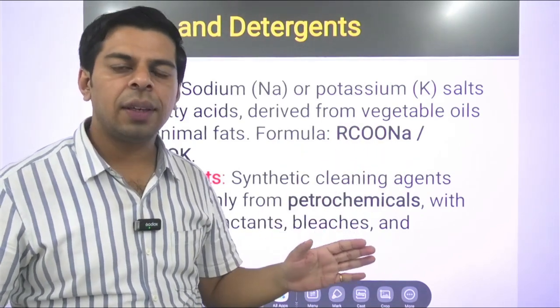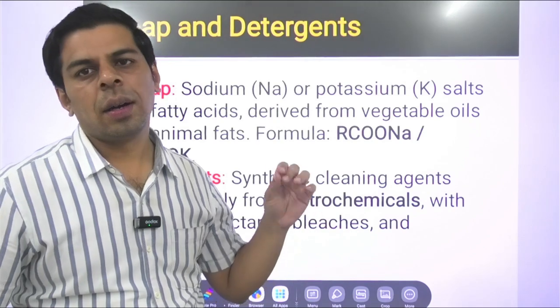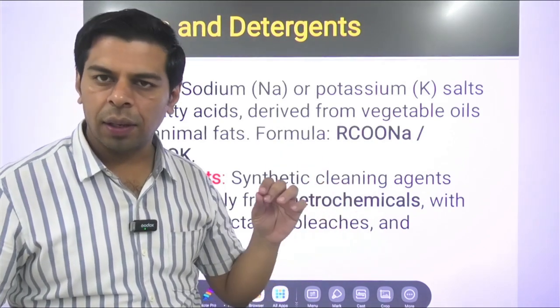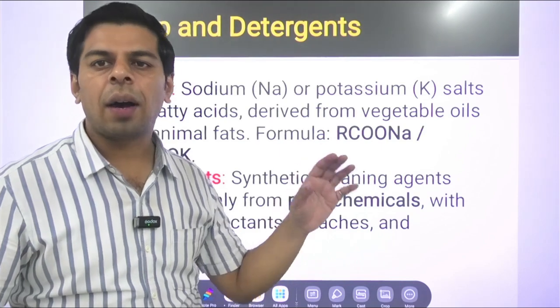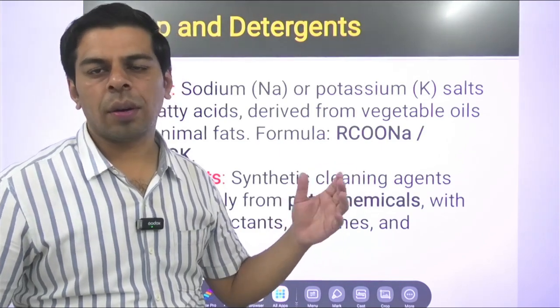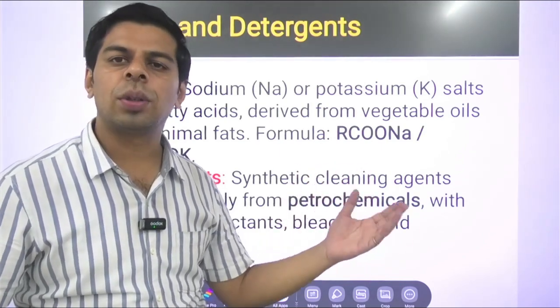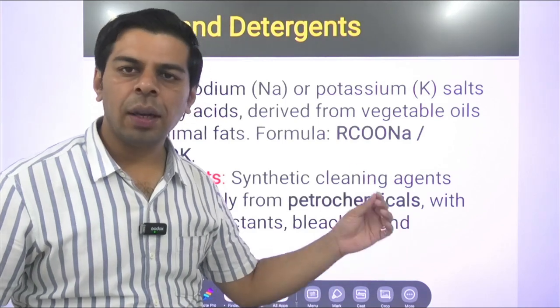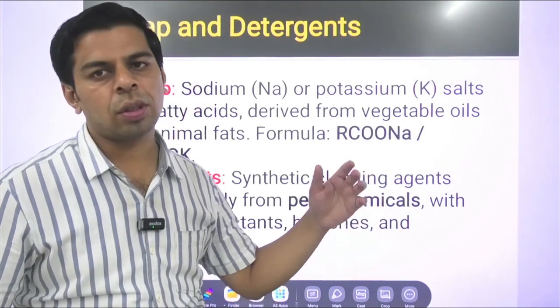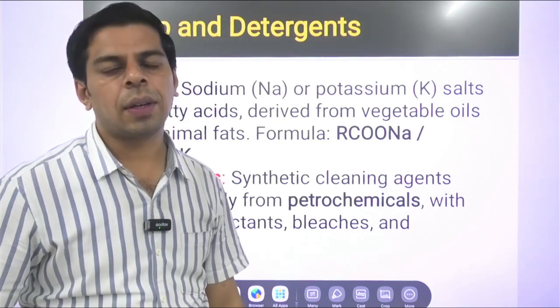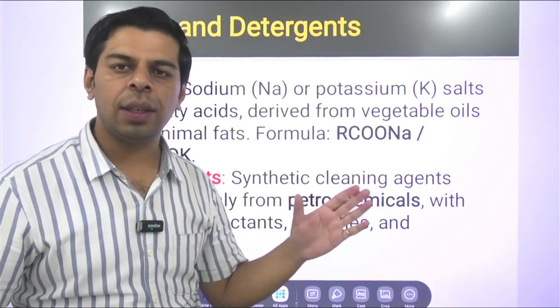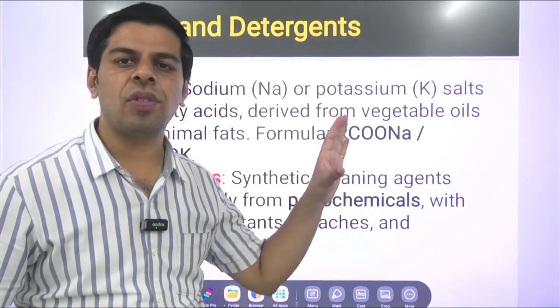Basically, soaps are prepared by a chemical reaction where fats or oils are reacted with a strong base, typically caustic soda, sodium hydroxide, or potassium hydroxide, the most commonly used bases in this reaction. This reaction is technically called saponification.